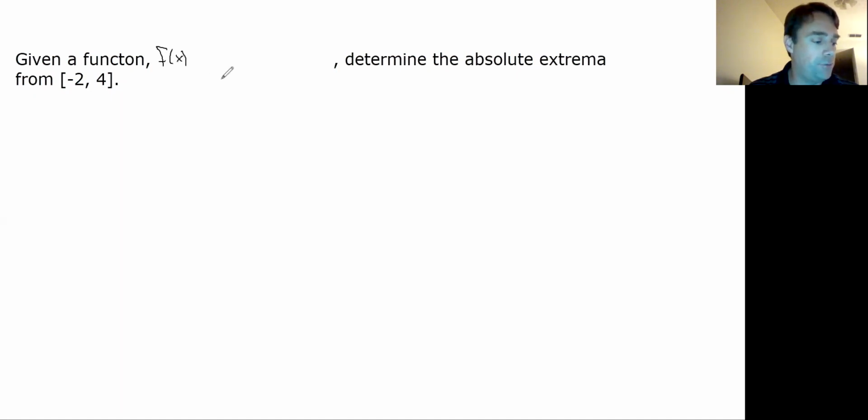So f of x equals 2x cubed minus 3x squared minus 12x plus 1.